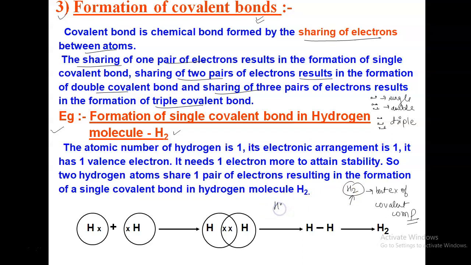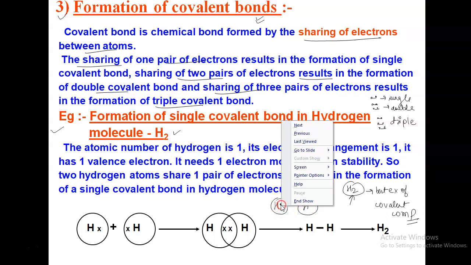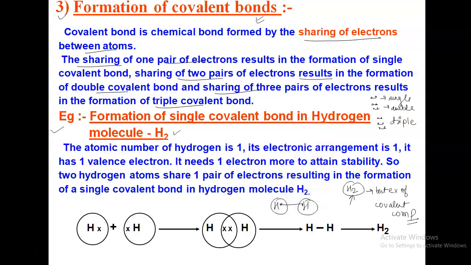See, hydrogen has one electron, and the other hydrogen also has one electron. This hydrogen needs only one electron to gain stability, and this hydrogen needs one electron to gain stability. So they decided to share. Their electron is with them; this electron is not lost.